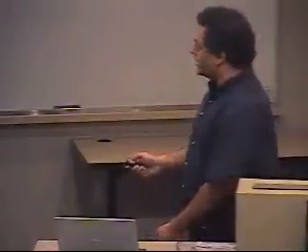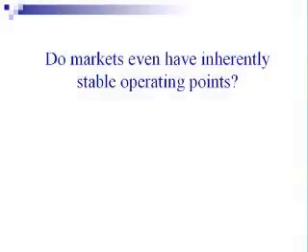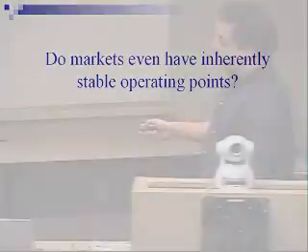Right. So this was a very big issue in mathematical economics, and in particular, do markets even have stable operating points? This was, in fact, the central question within general equilibrium theory, which is really the crown jewel of mathematical economics, and I'll show you how important it was for over a century, basically.